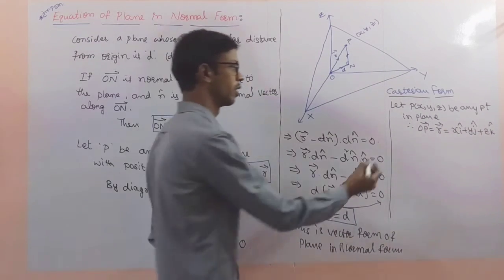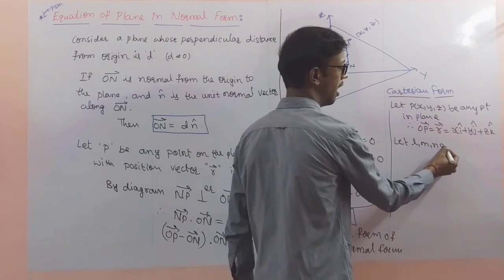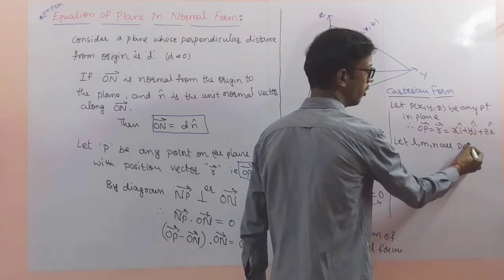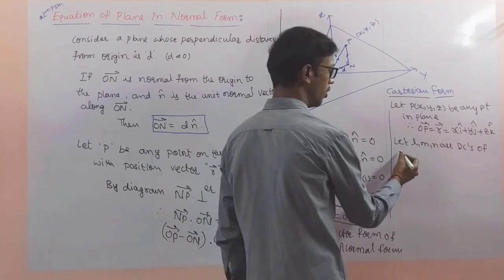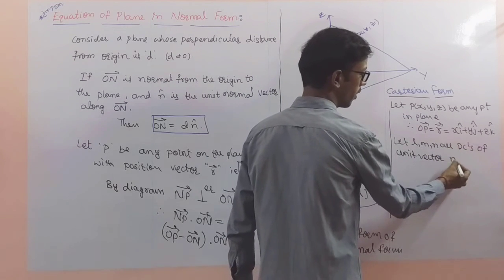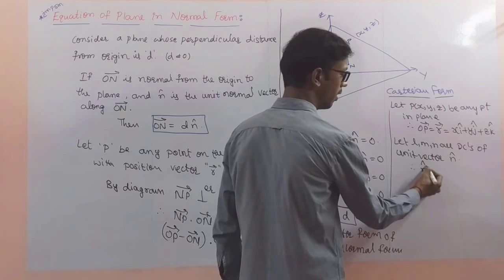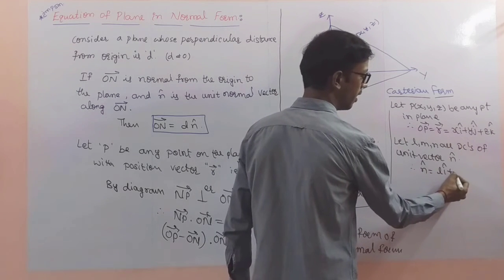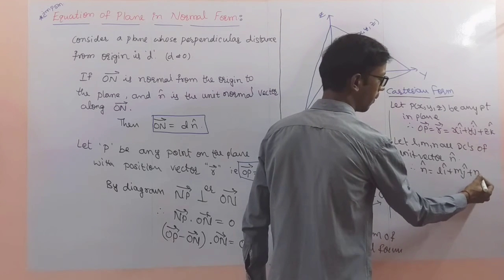And let l, m, n be the direction cosines of the unit vector n cap. Therefore, n cap equals l i cap plus m j cap plus n k cap.